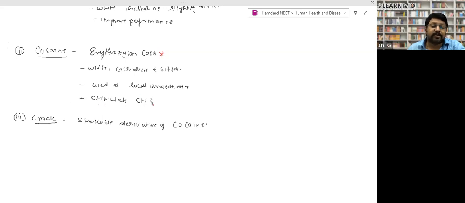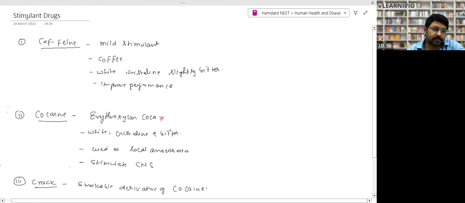It stimulates the central nervous system. Crack is very harmful. Cocaine and crack are used in drug abuse. They are a smokable derivative of cocaine. Okay, they make a person hyperactive.